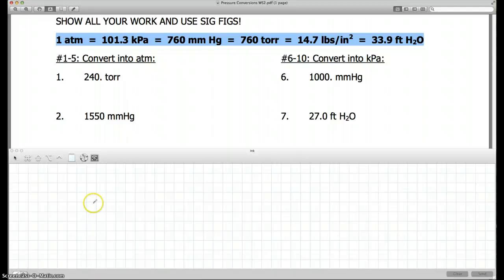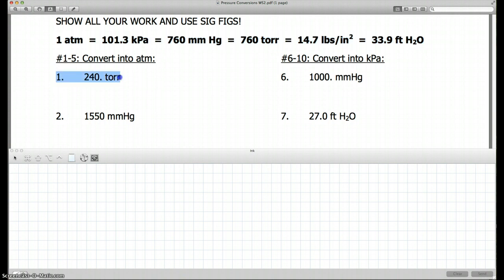So, just like any conversion, I'm going to do question number one here. First thing I do is write the starting number, 240 torr, times a blank line. Torr is the starting unit, and remember, the starting unit always goes on the bottom.